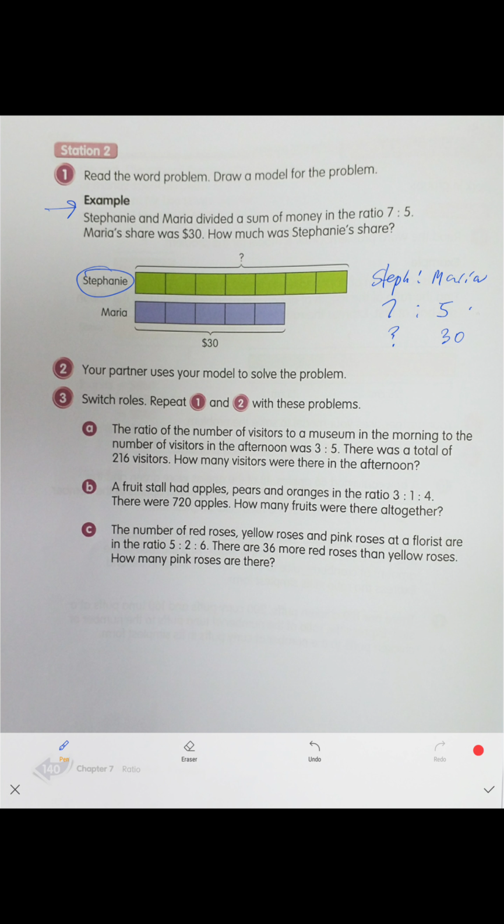So 5 and 30, the common factor is 6, and here the common factor is also 6. So 7 times 6 is 42, $42. This is what they ask us. Now, try to do the same thing. These problems are totally identical, so you do it yourself.